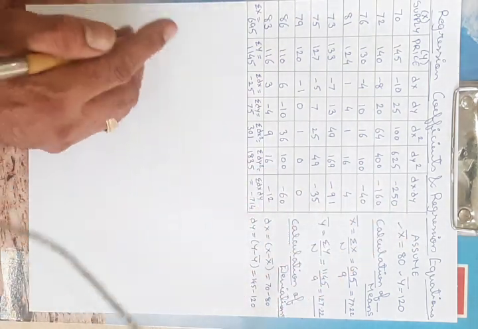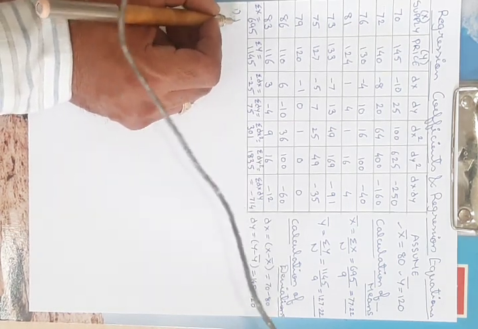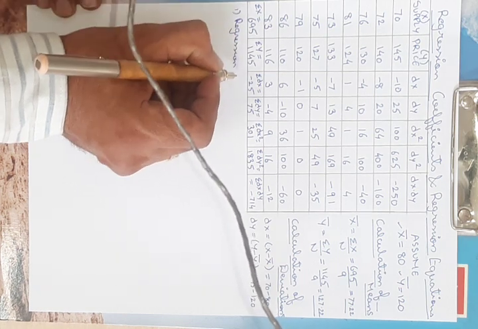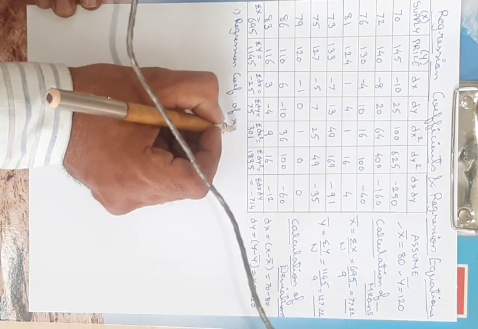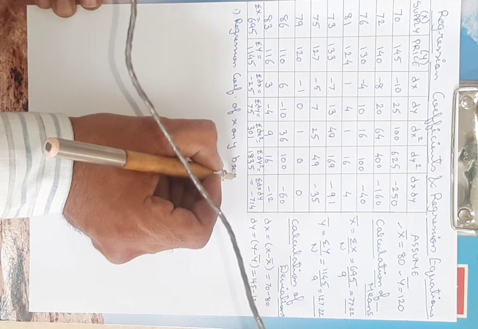Now we are going to calculate number 1, the regression coefficient of x on y, which value is given by bxy.